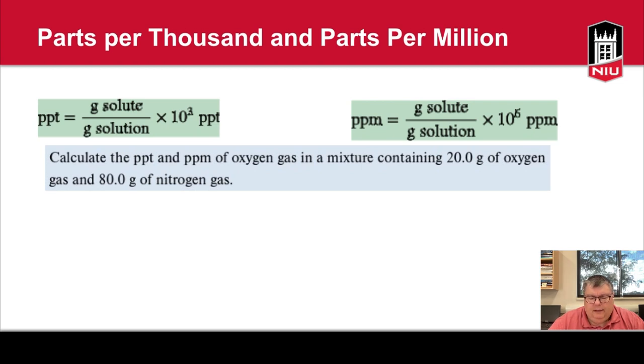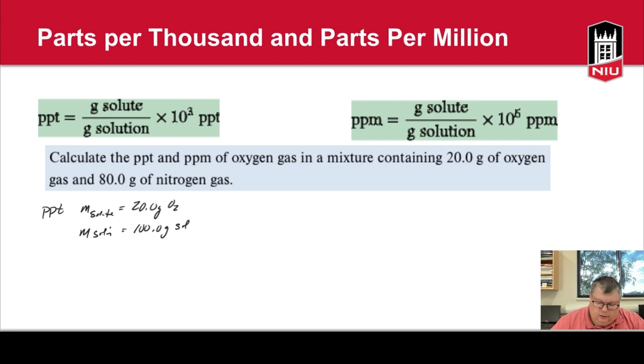So let's calculate the ppt and ppm of oxygen gas in a mixture containing 20.0 grams of oxygen and 80.0 grams of nitrogen. So ppt first, we know that the mass of our solute is 20.0 grams of O2, and that the mass of our solution is equal to 100.0 grams of solution. We did this problem before, okay?